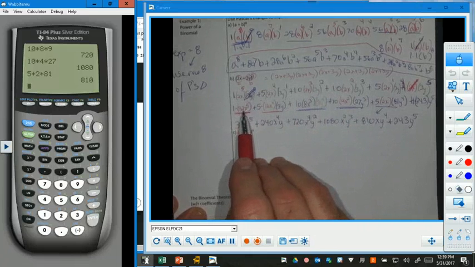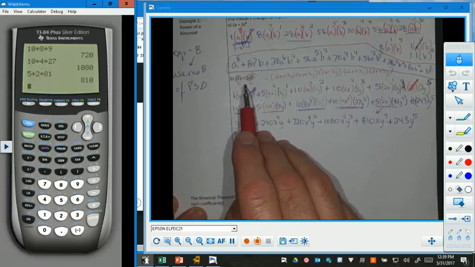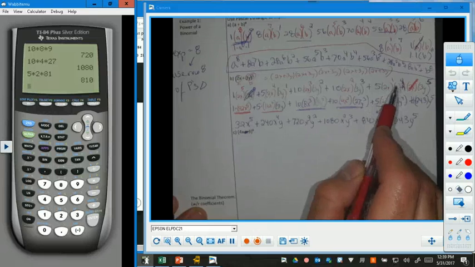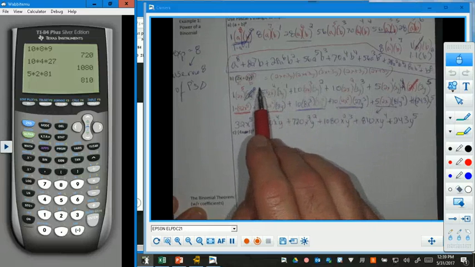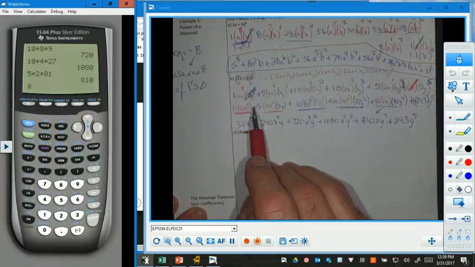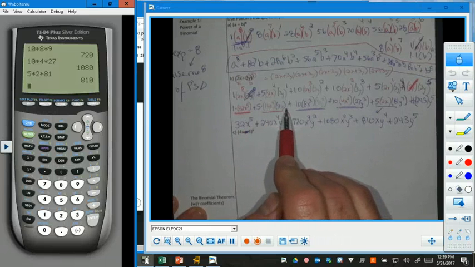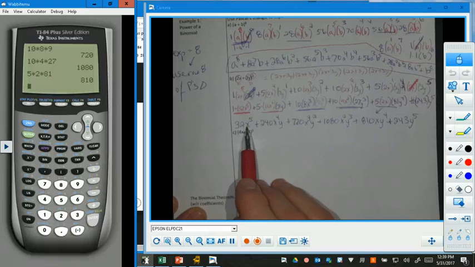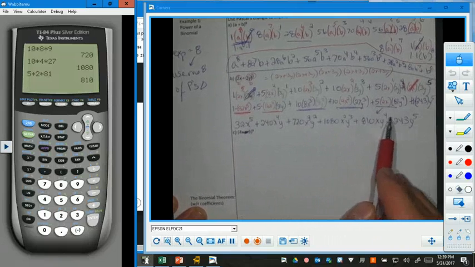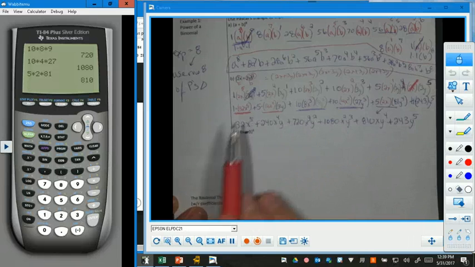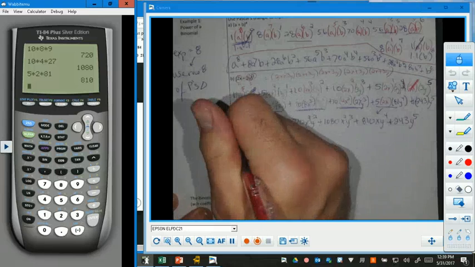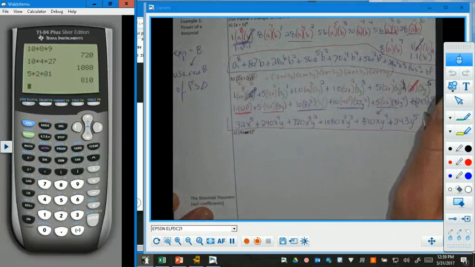Actually take the time to raise them to the power to make sure I get the right value of 2 to the 5th, 2 to the 4th, 2 to the 3rd, 2 squared, 2 to the 1st, 3 to the 0, 3 to the 1st, 3 squared, and make sure we put the exponents correctly on the variables as well. And when I'm done, I should see that 5, 4, 3, 2, 1, 0 x's, 5, 4, 3, 2, 1, 0 y's with these numbers that we calculated. So this is our final answer.